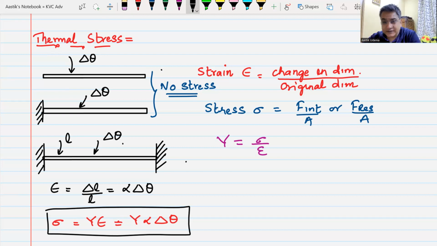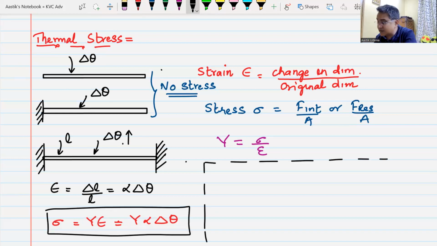Now, in this case, if the temperature is increased, what type of thermal stress will come? We'll just discuss this and we are done with today's class. If the temperature is increased, what type of thermal stress is developed? Remember, there are two types of thermal stresses in this case.